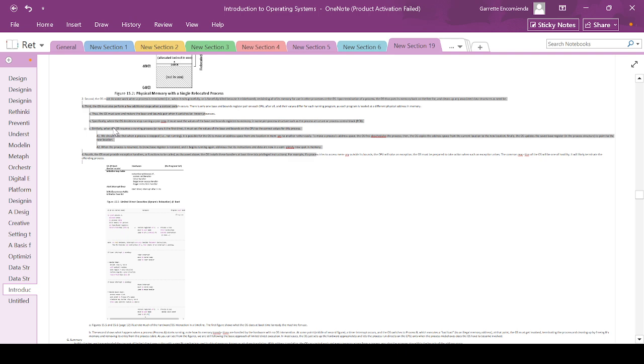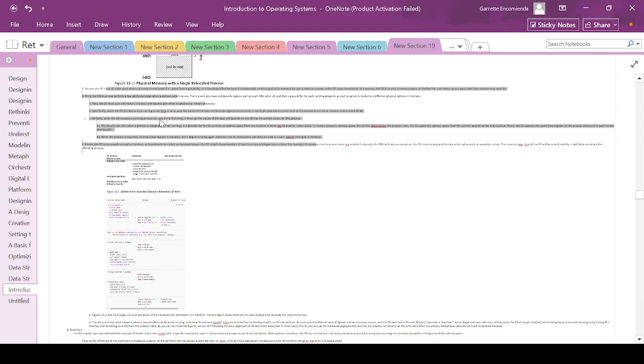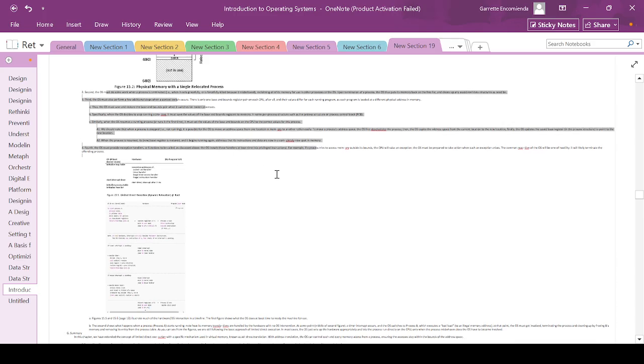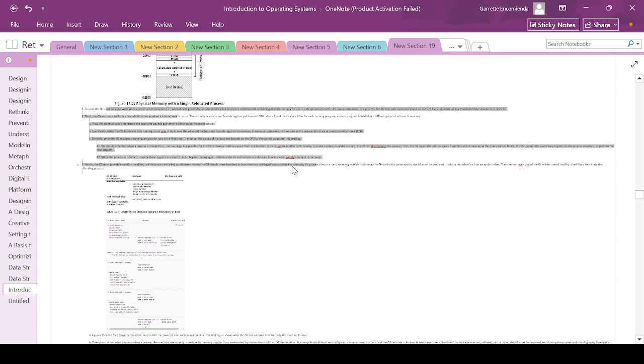Third, the OS must also perform a few additional steps when a context switch occurs. So for context switch, this is also a responsibility of the OS. There's only one base and bounds register pair on each CPU. After all, their values differ for each running program, as each program is loaded at a different physical address in memory.